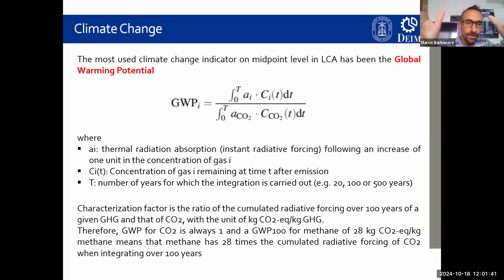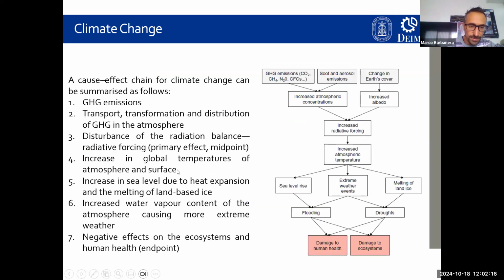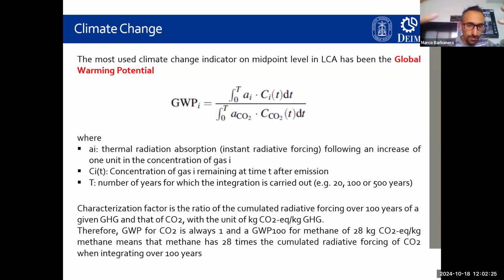In particular, for each greenhouse gas, the corresponding global warming potential is calculated by the ratio between the disturbance of the radiation balance generated by the emission of a certain greenhouse gas, as we have seen previously, divided by the disturbance of the radiation balance of CO2.